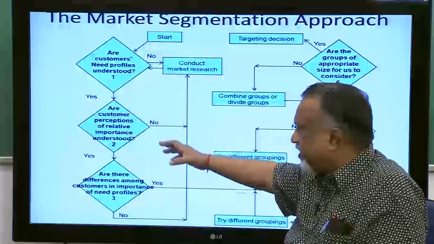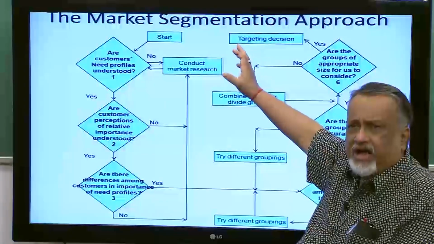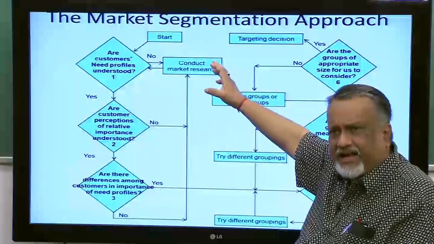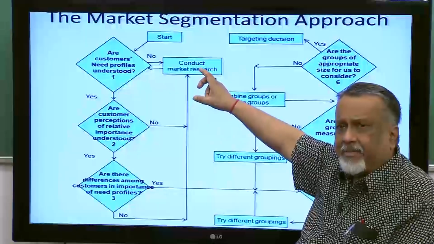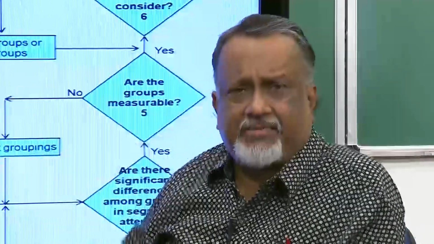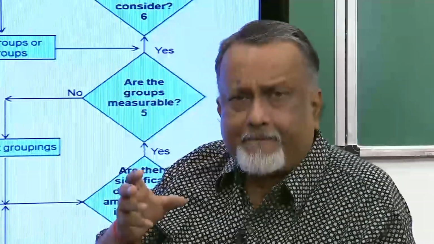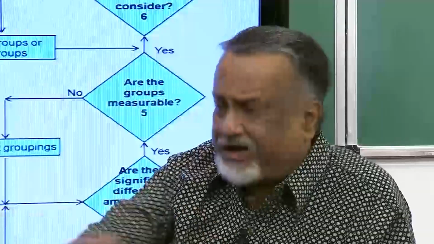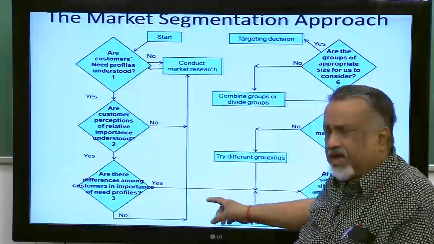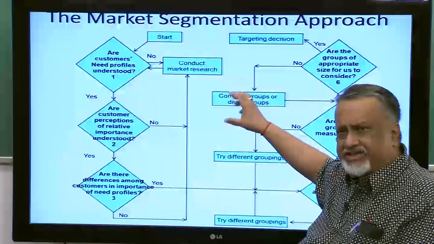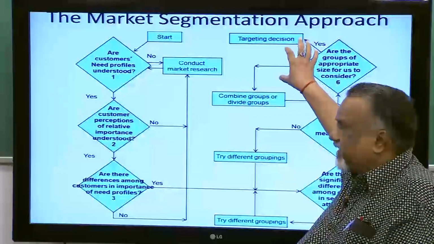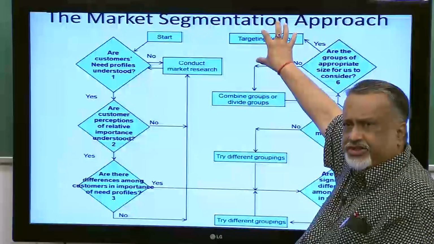So, this diagram I would request you to study in depth, and this is not an assignment, but a voluntary assignment, that you can take a particular product or a particular service, and try to do this process of segmentation and identify at the end a particular targeting decision.